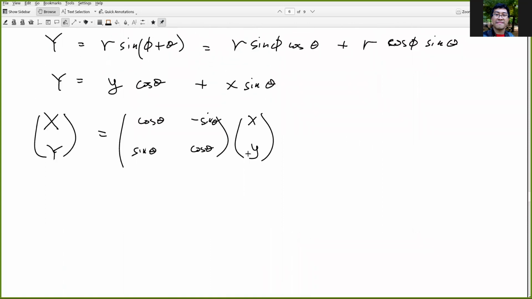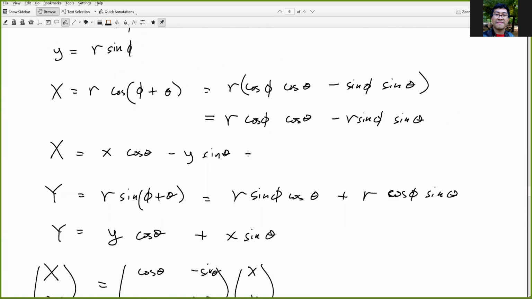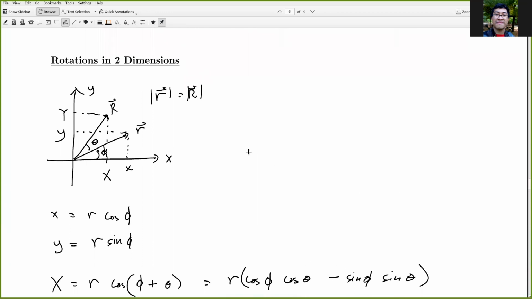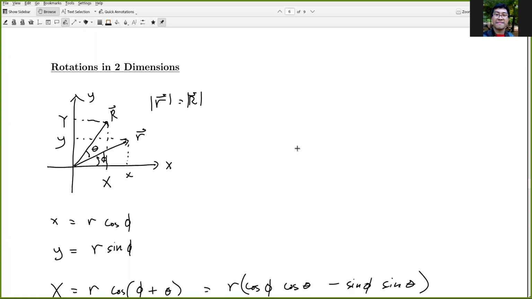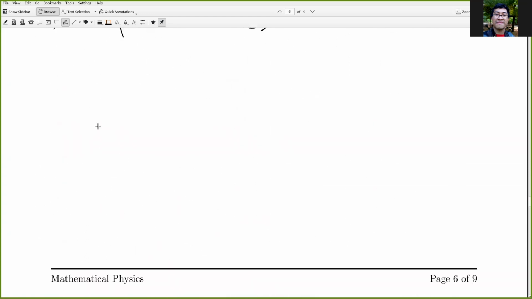We can also have a matrix equation like this using a rotation of the axis. Instead of rotating r by theta counterclockwise, we rotate the axis xy clockwise. So in that case, you have a coordinate system xy and a vector r.